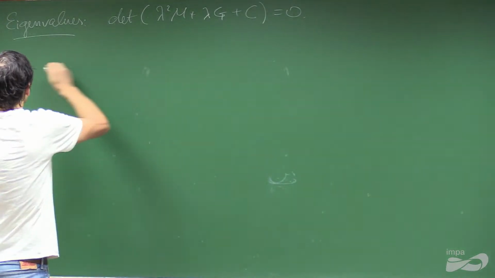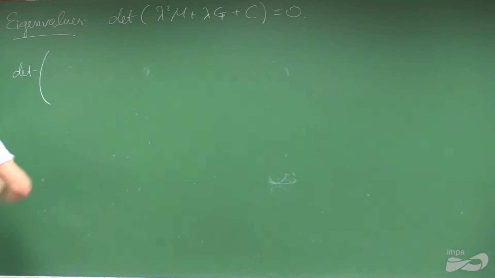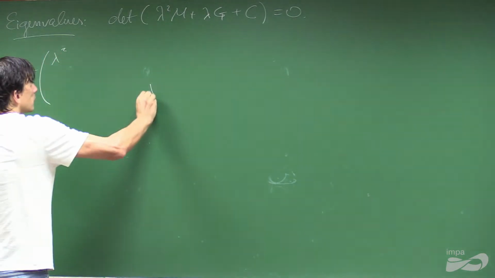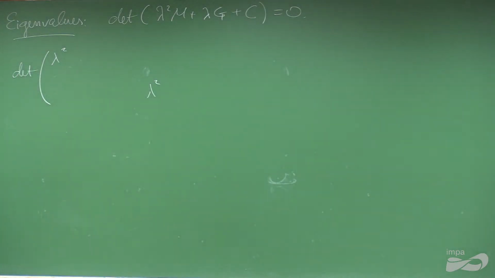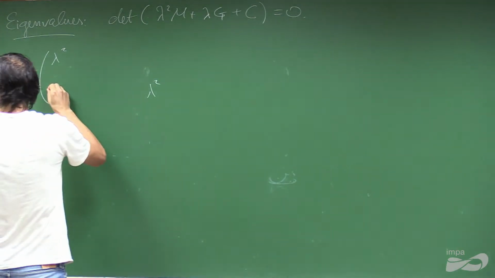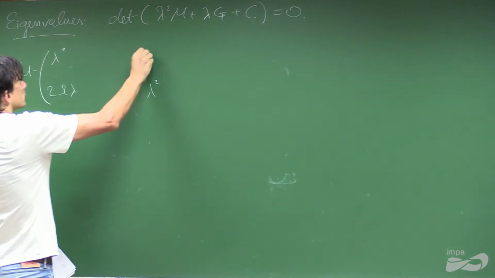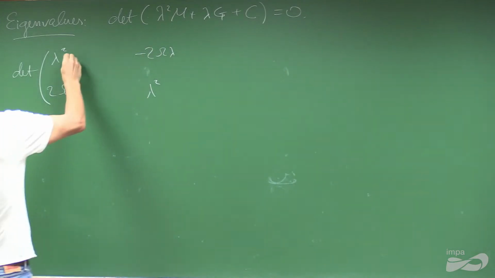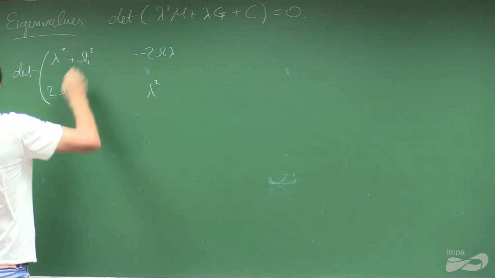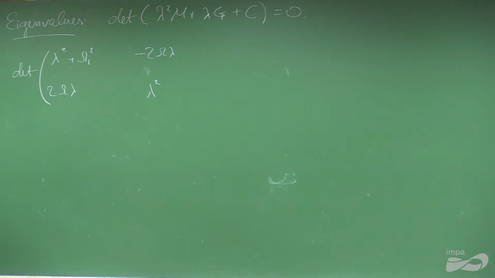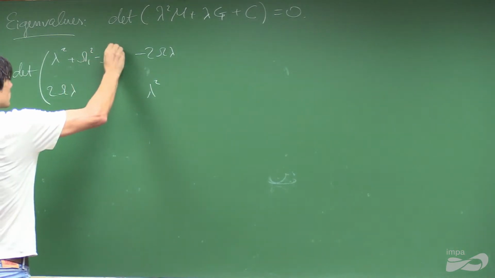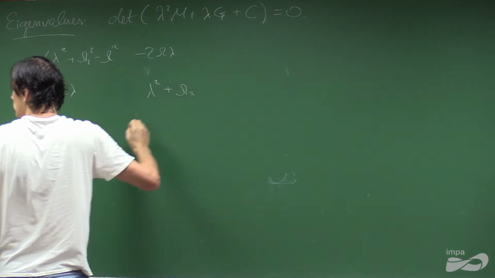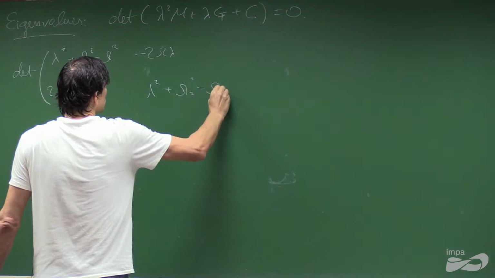So let's write this matrix. The mass matrix gives you lambda squared here and there. Then G gives you minus 2 omega lambda here, and 2 omega lambda there. And C gives you plus omega 1 squared minus omega squared here, and here plus omega 2 squared minus omega squared.